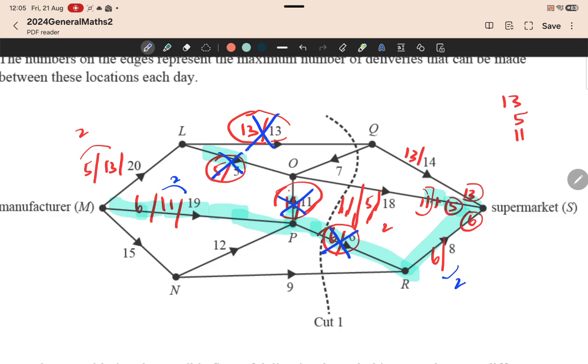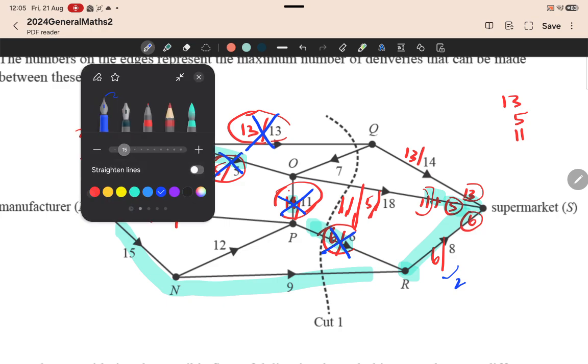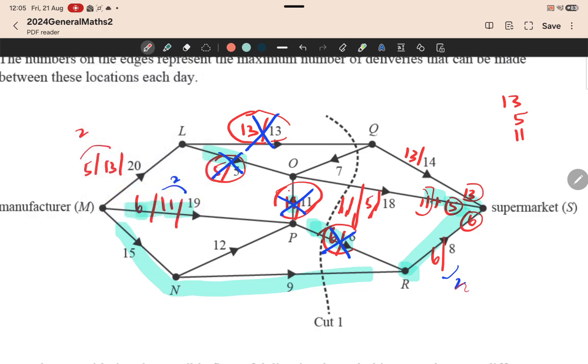Okay, so let's now look for another path which doesn't involve the edges with maximum capacity. The only one I can see is this one. And along this route from MNR to S, I can see that 2 is the smallest value that can be accommodated here.